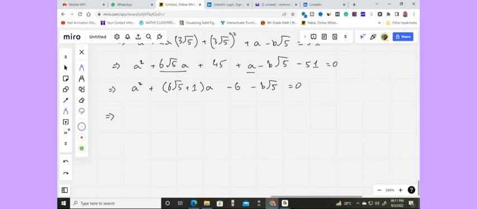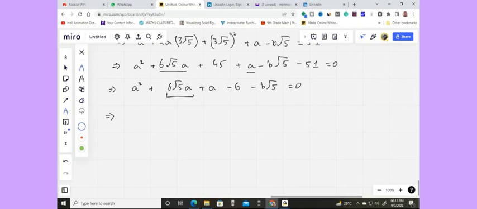Let me try to write the terms involving root 5 on one side and the terms without root 5 on the other side. Let me organize the values like this, because if I just go according to this pattern, it is not going to help me out. So let me remove this and write the original terms as this.